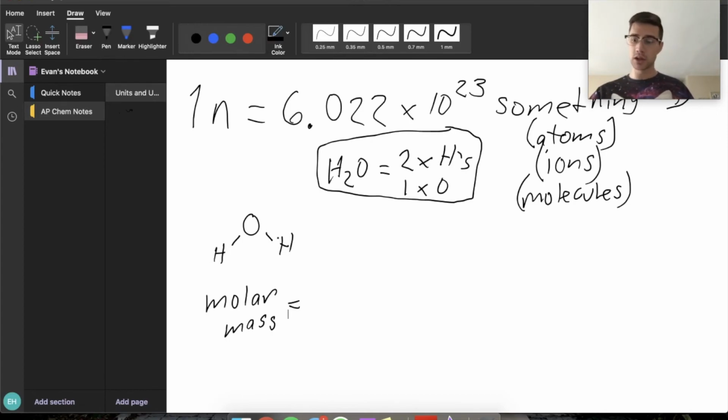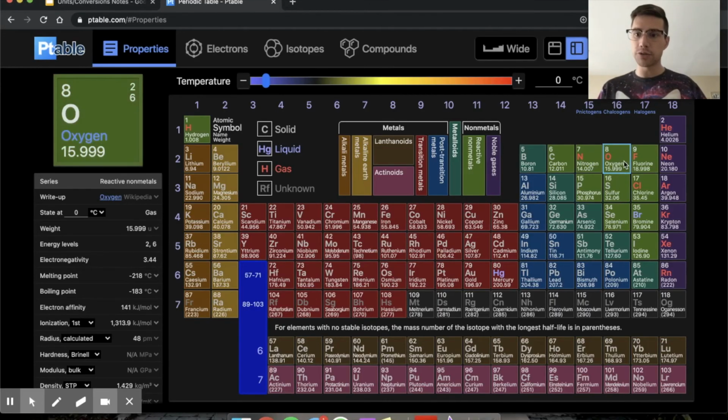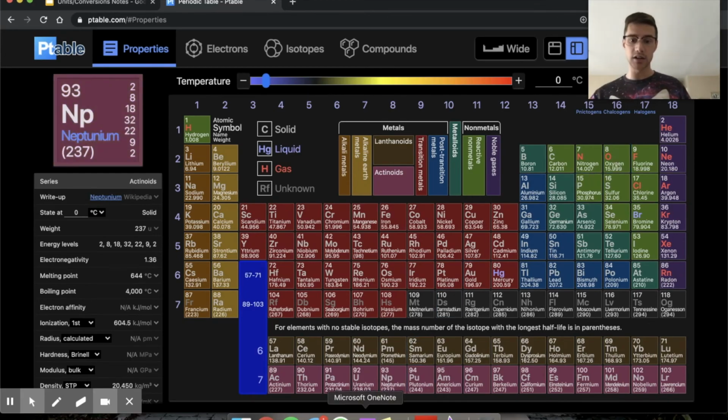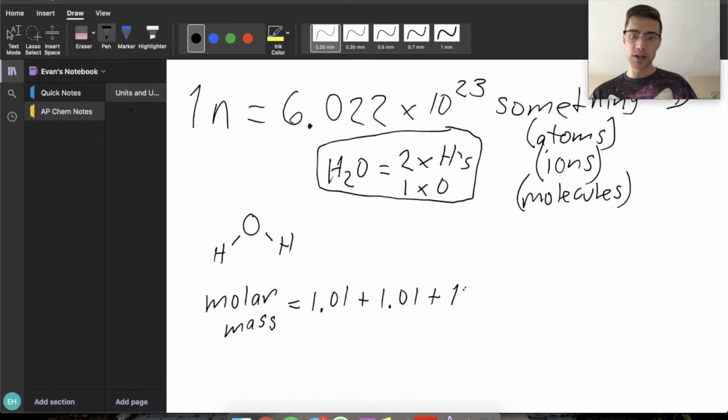There's two of them, and the hydrogen mass is 1.01. So 1.01 plus 1.01 plus oxygen, which you'll generally find as 15.999. We usually round that to 16 because it's pretty close. So plus 16.